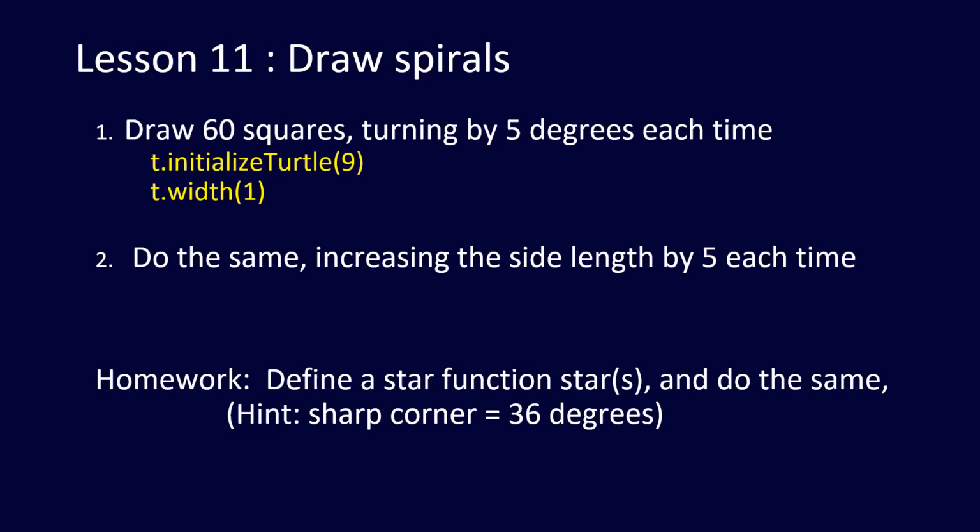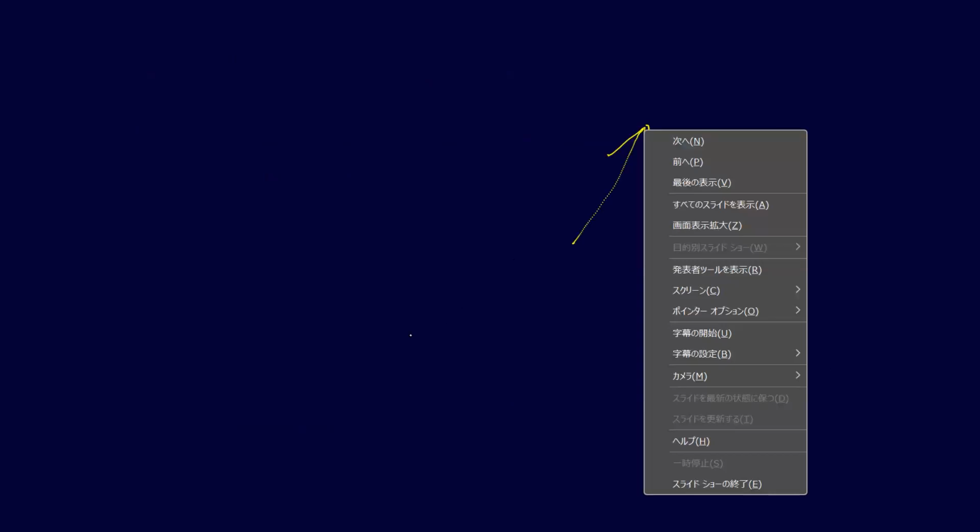Okay, homework. Define a star function, star of s, and do the same. Okay, how can we define a function star s? Let's think about it. This is another interesting one. So usually we start upward, and then what is the angle to turn? Actually, what we want is like this, right?